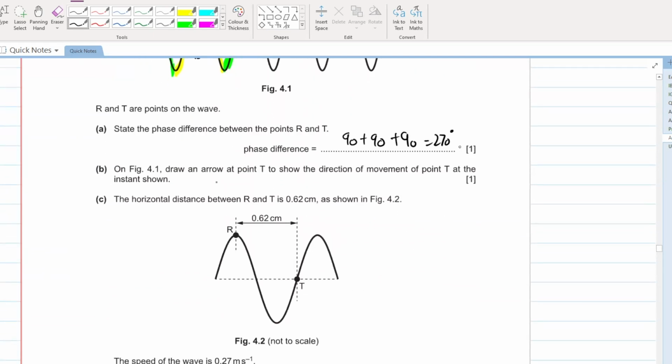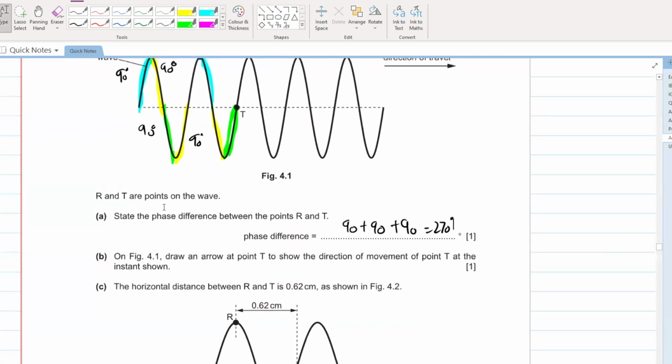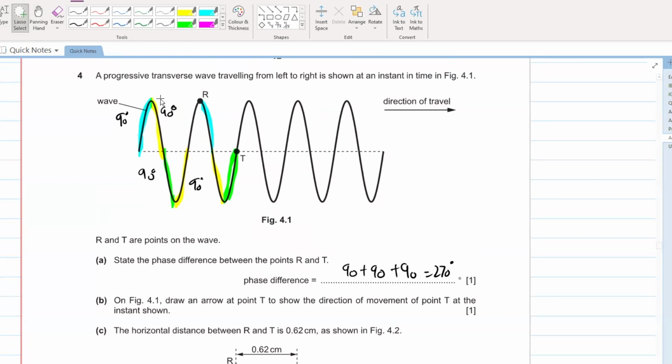On figure 4.1, draw an arrow at point T to show the direction of movement of point T at the instant shown. अब ये हमने MCQs में बेटा इतनी दफा किया है कि ये रट जाना चाहिए.